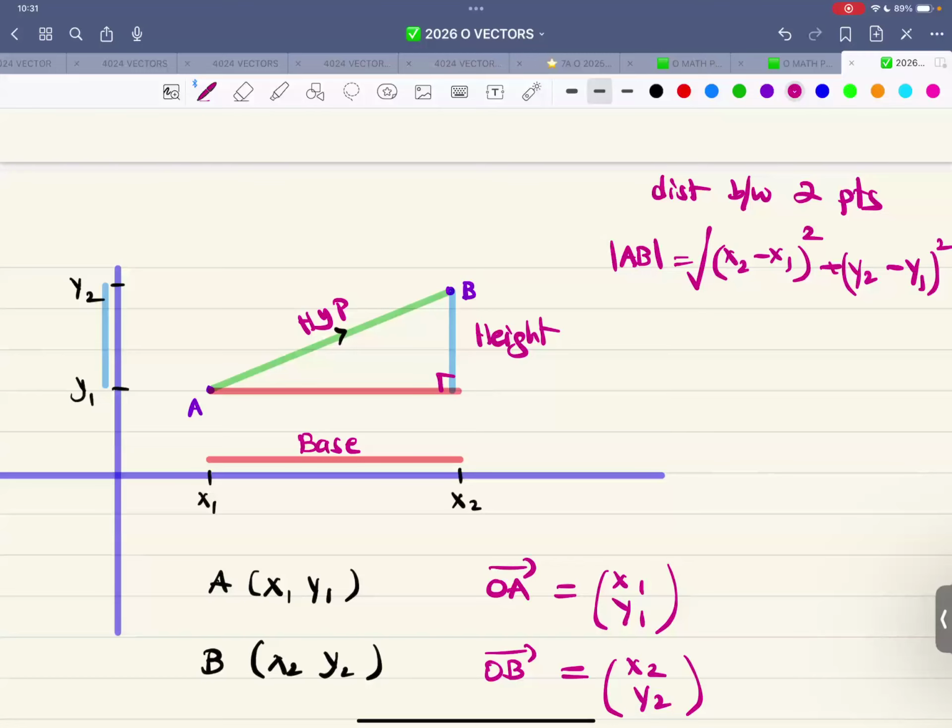Distance between two points, let's say A and B, is also the magnitude of vector AB.